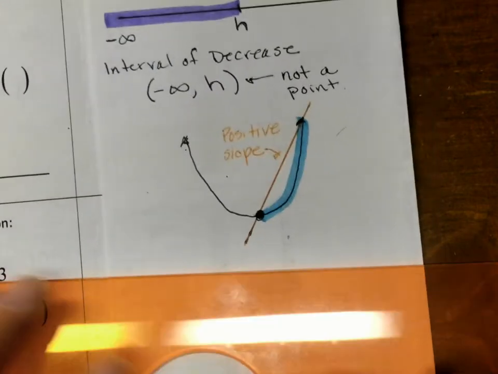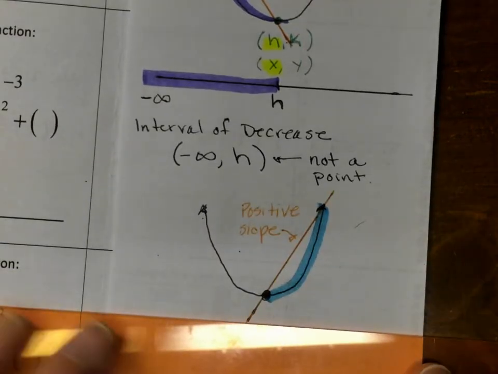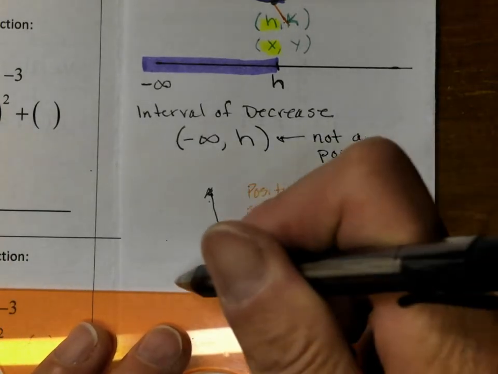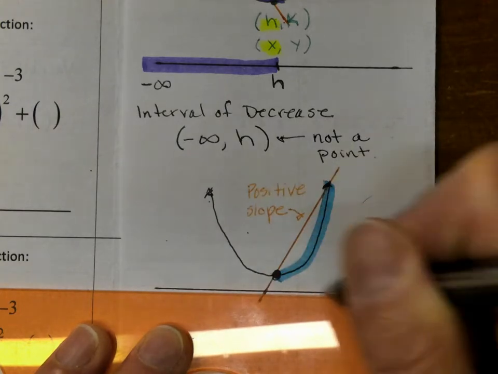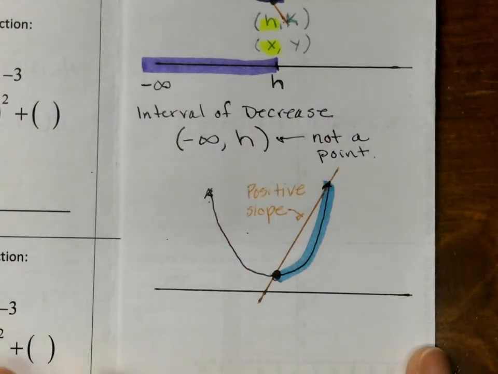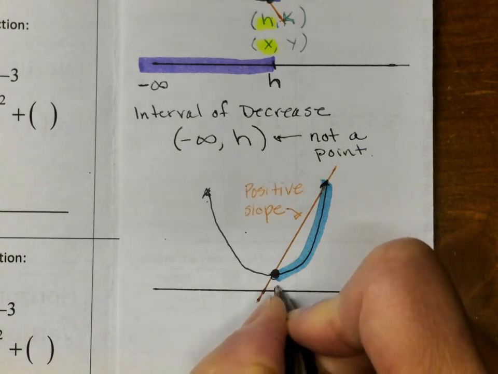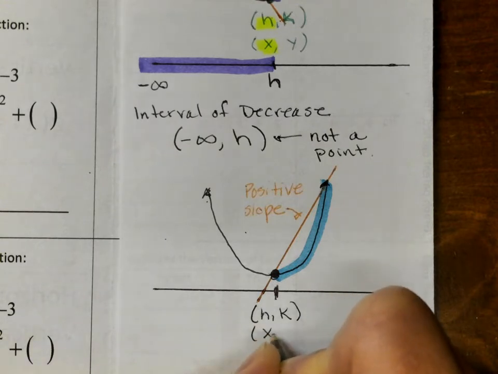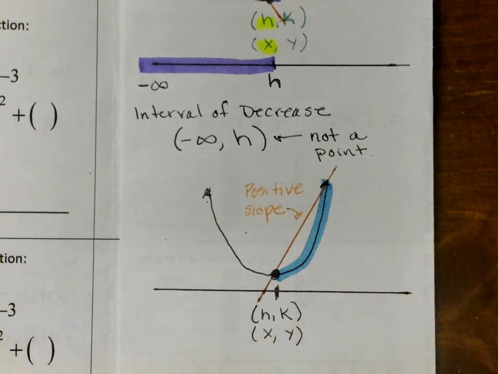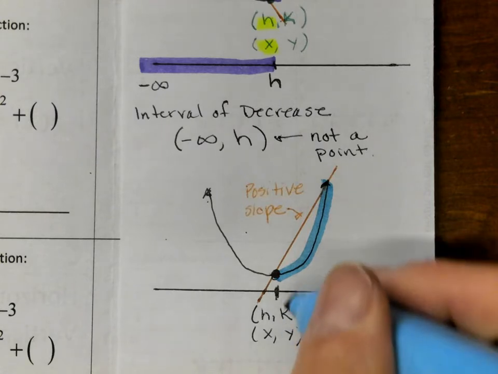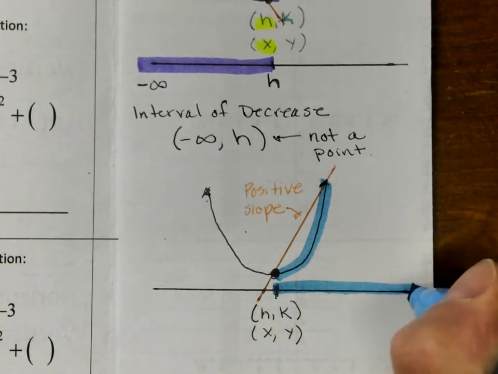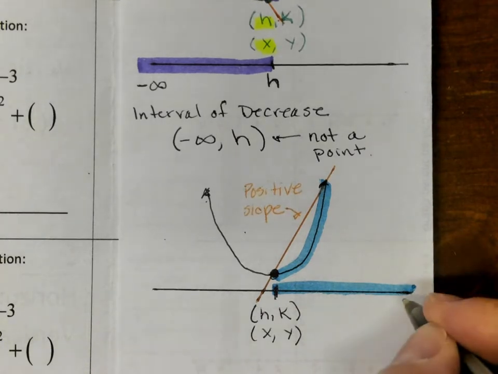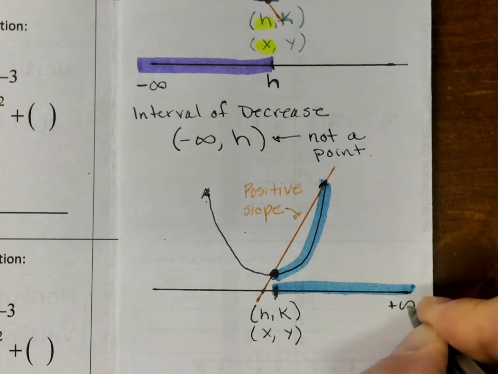So I'm going to look at this with just the x-axis. When you're looking at this on a regular graph, you'll have both the x and the y-axis, so you'll have to train yourself just to look at the x-axis. Right here is my HK, which is a special XY. I see that all numbers to the right draw my function up. So way out here is positive infinity.